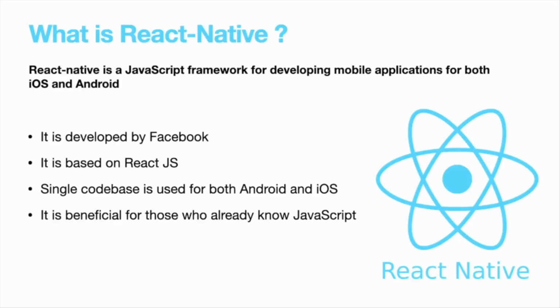And it is also beneficial for those who already know JavaScript, because in React Native we use JavaScript to create different components. Everything in React Native is defined as a component. We create different components and we reuse them to develop applications for both the platforms.